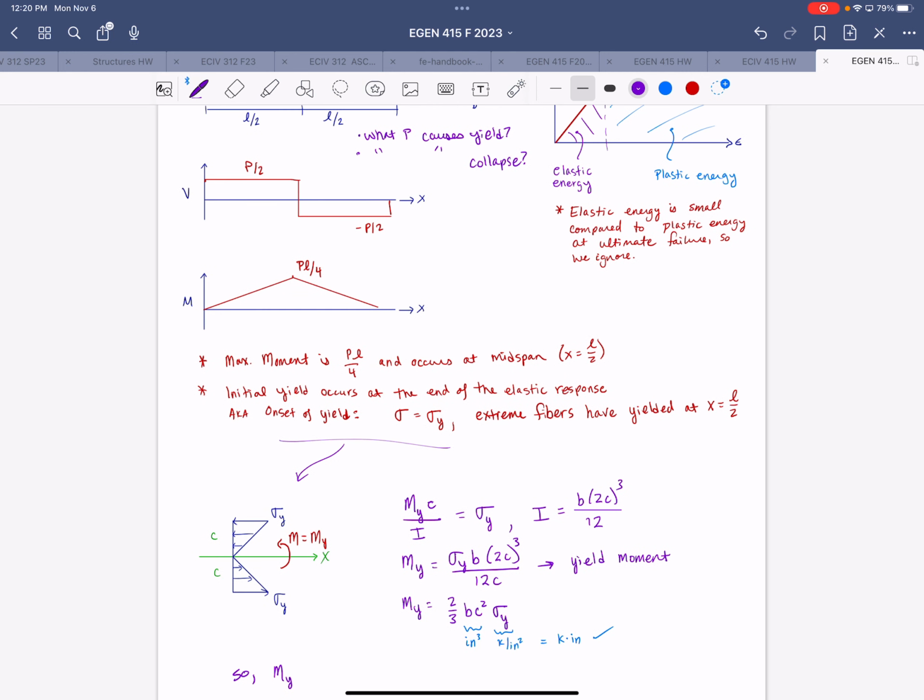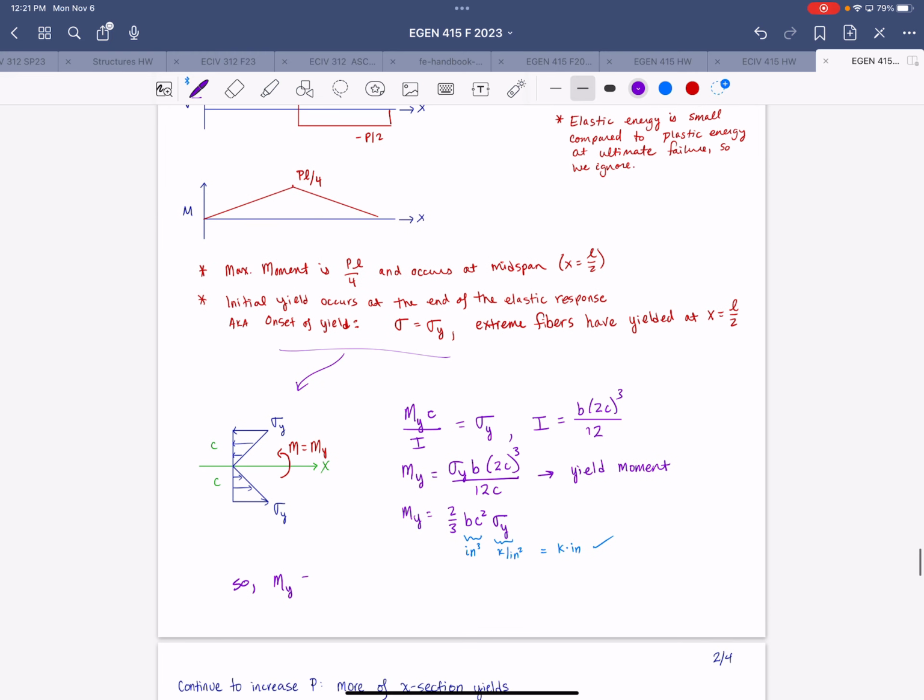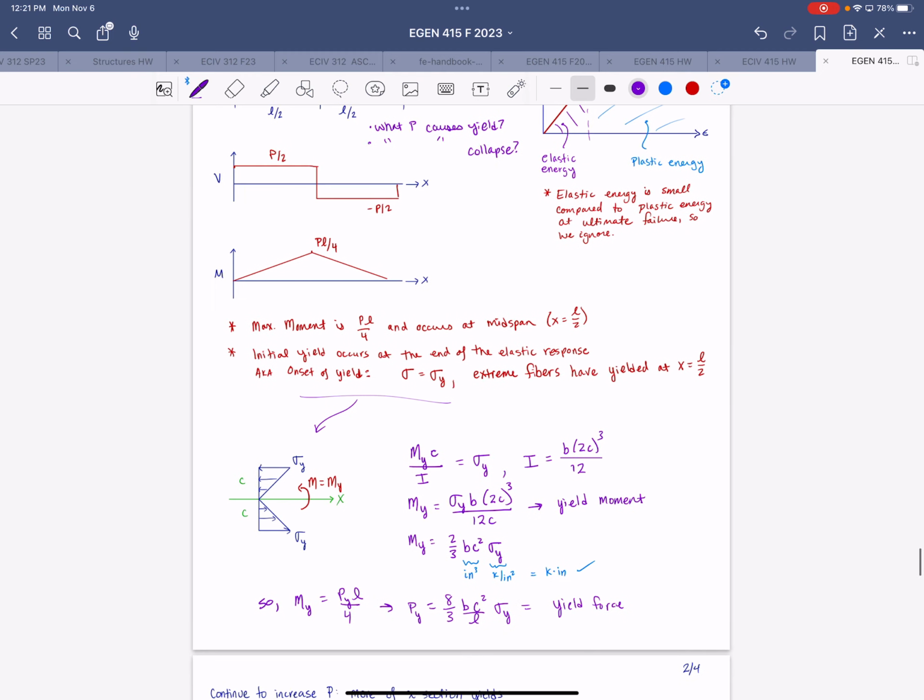We have M_y, and then we have our moment diagram value, right? This is where the maximum moment occurs. So we'd set M_y equal to P_y times L over 4. Solving for P_y, and plugging in our values for M_y above, we get 8/3 times b c squared over L times the yield stress. So that gives us the yield force in terms of the cross-section dimensions and the yield stress, right?